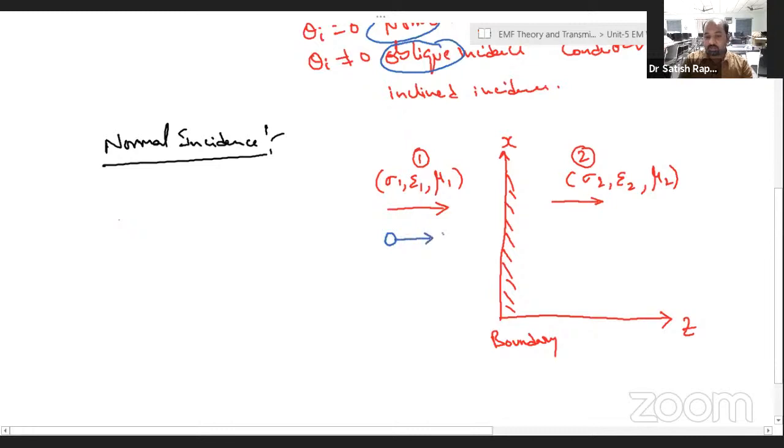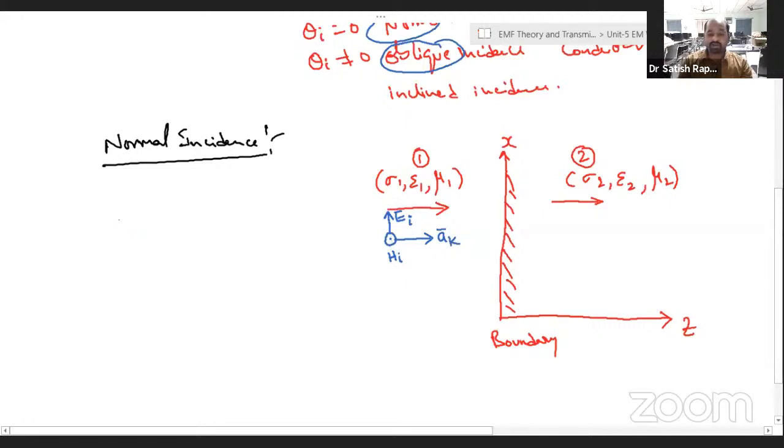This is the direction of wave propagation, this is the direction of the incident electric field, and the direction of the magnetic field is this one. So E_i, the incident electric field, is in the x direction.